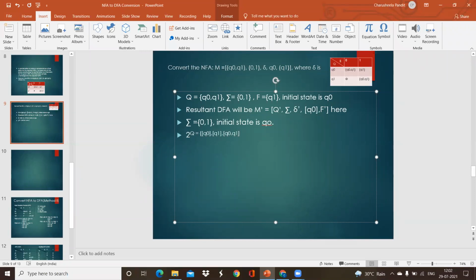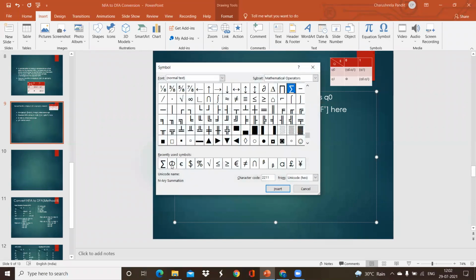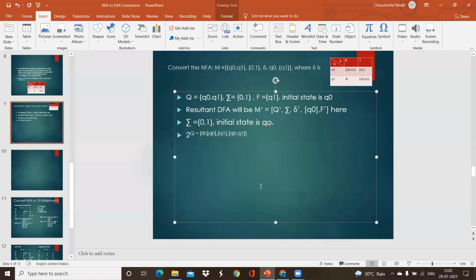And here you need to include phi as an empty set. Okay, this is your power set.